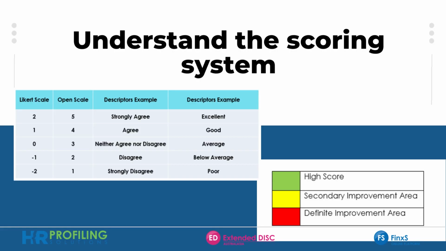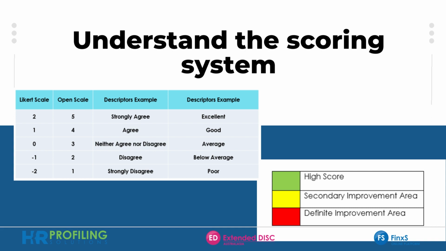So the first thing is, with the Open 360, the feedback assessment is based on a 5-point Likert answering scale using positive and negative numbers, as you can see on the screen. The Open 360 feedback displays the results using numbers and traffic light colours, so it's even easier for us to understand what's working and what might be a development area.